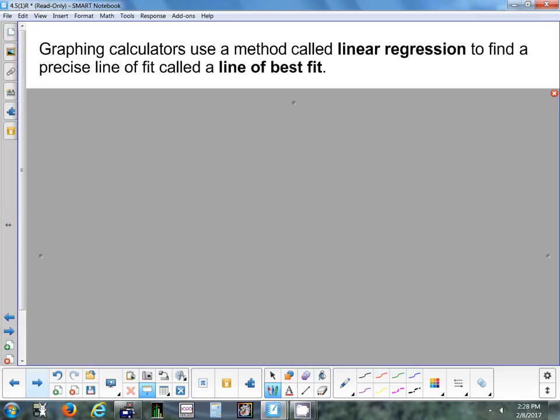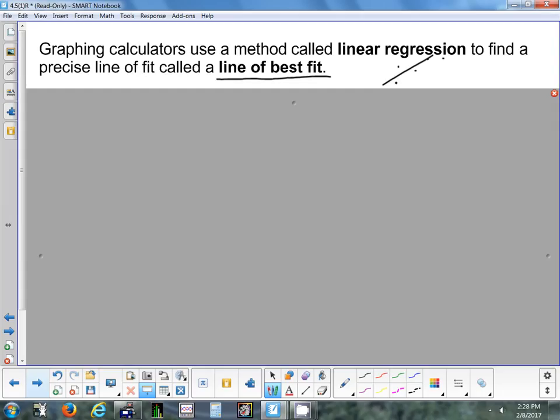So when we've been putting a line of fit, all we've been doing is guessing, right? We have a bunch of points, and we just try to guess at what we think the best line is. Well, there's a way to actually find the perfect line, the most perfect line you could possibly have with that information.